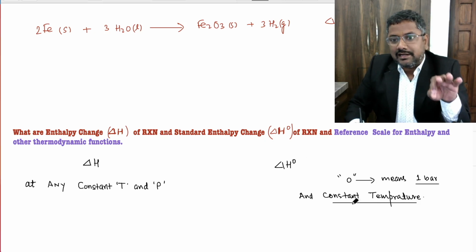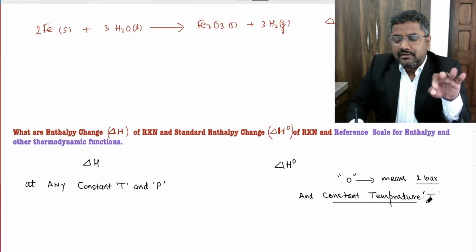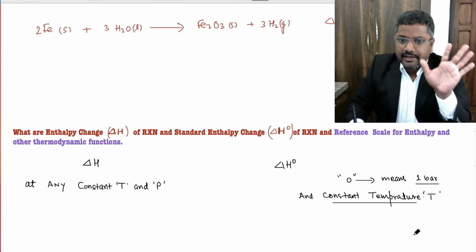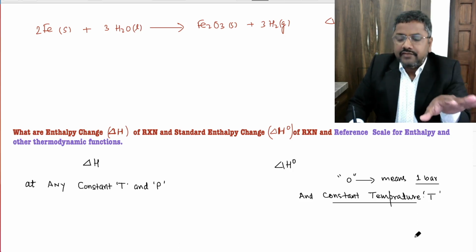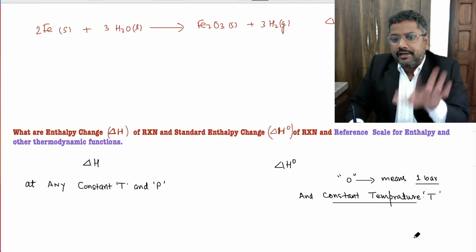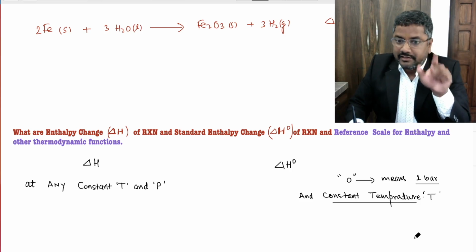But constant temperature, T should be constant, not necessarily 298.15 Kelvin. If temperature is not mentioned anywhere, then the default is 298.15 Kelvin. But default does not mean always.